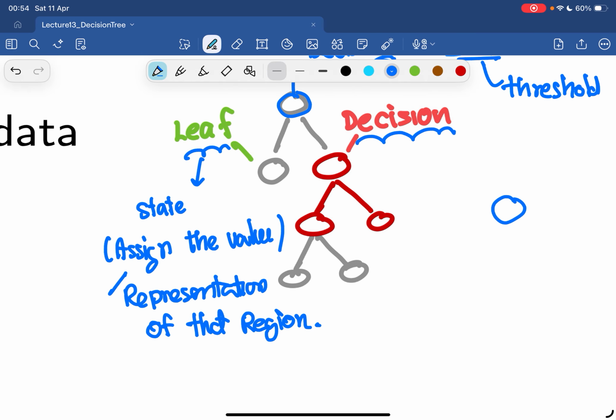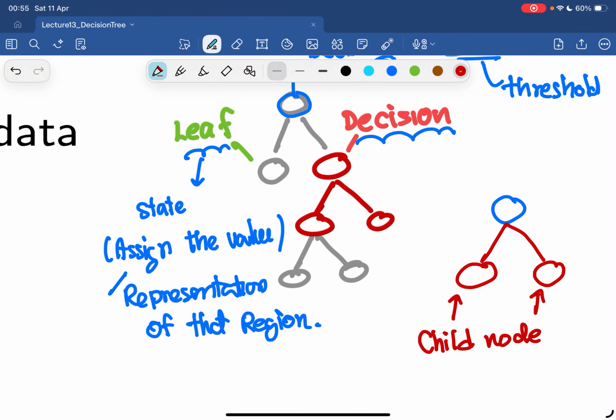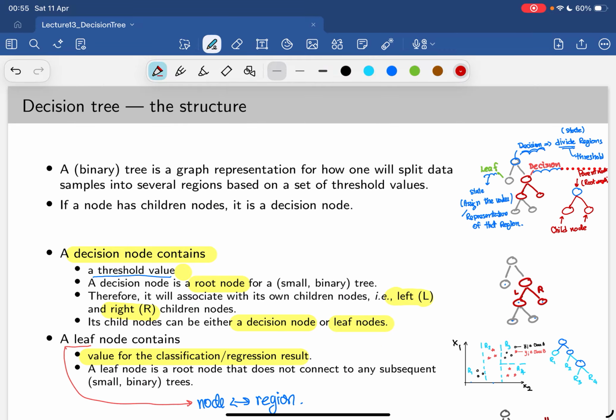Any node, if it has a child like this, the red is the child or children node, maybe like a child node. This is a parent node, and it's also called root node.